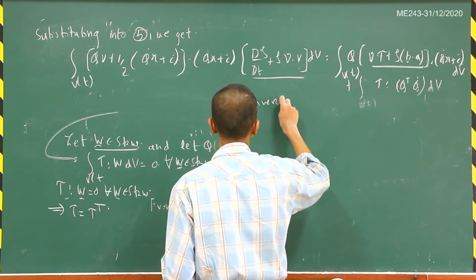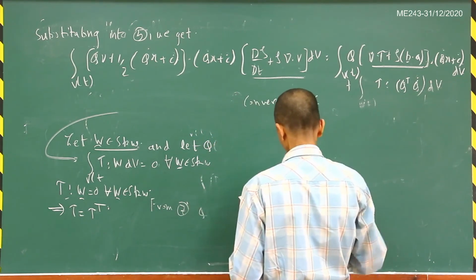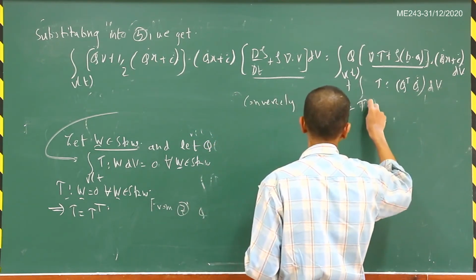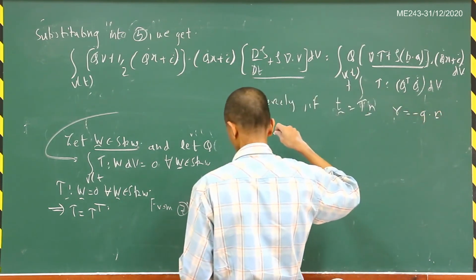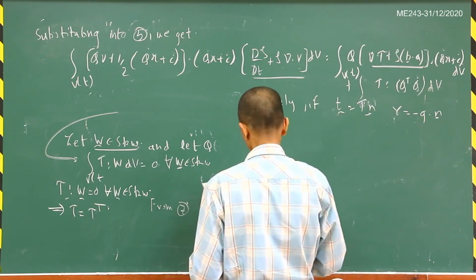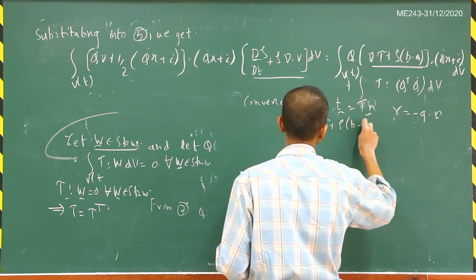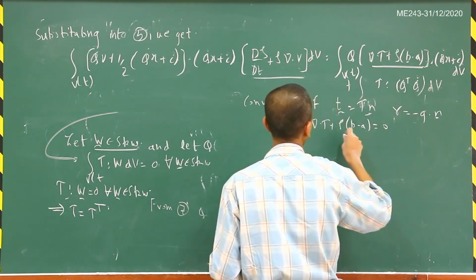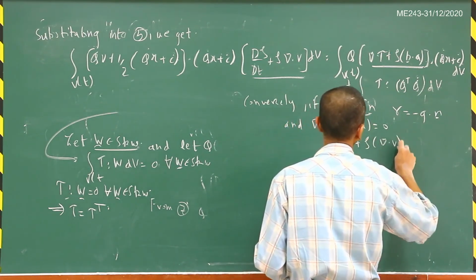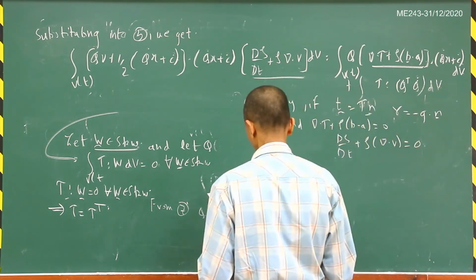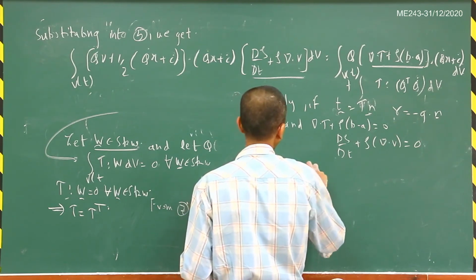So conversely, if T is equal to tau n, gamma is minus q dot n, and del dot tau plus rho times b minus a equal to 0, and d rho by dt plus rho del dot v is equal to 0, then 6 is equal to 2 minus 3, right?